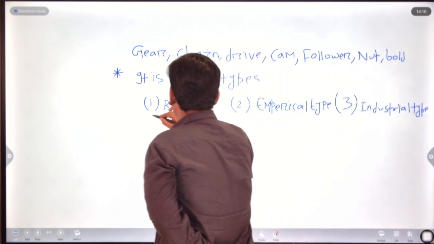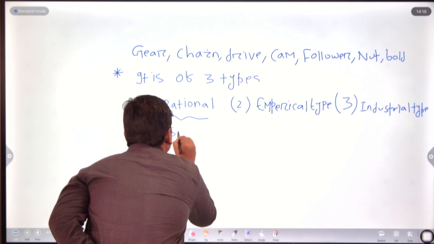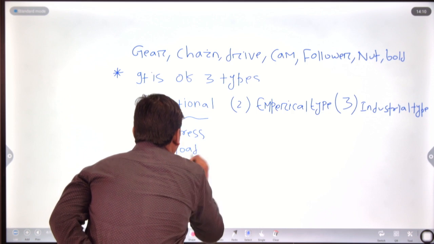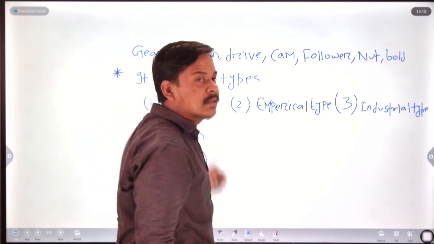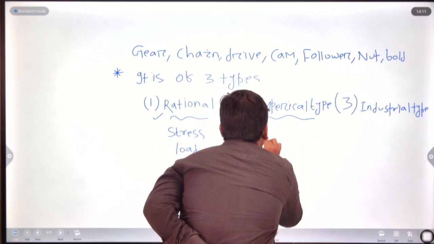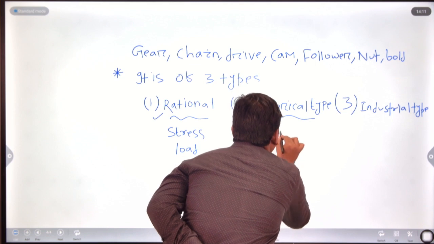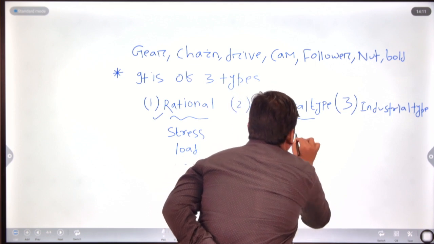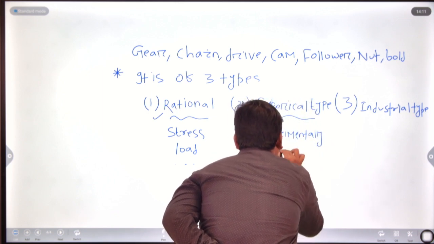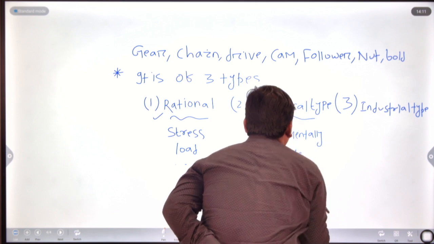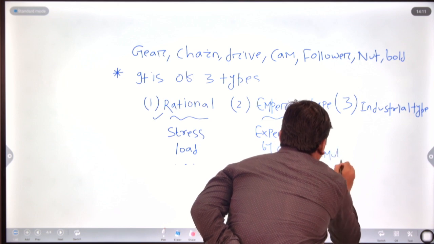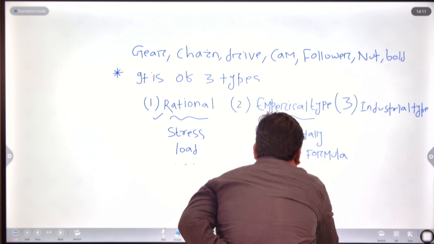In rational type, we consider stress, load, etc. They are considered as rational type machine design. In empirical type, experimentally concluded formulas are used, which are known as empirical formulas.